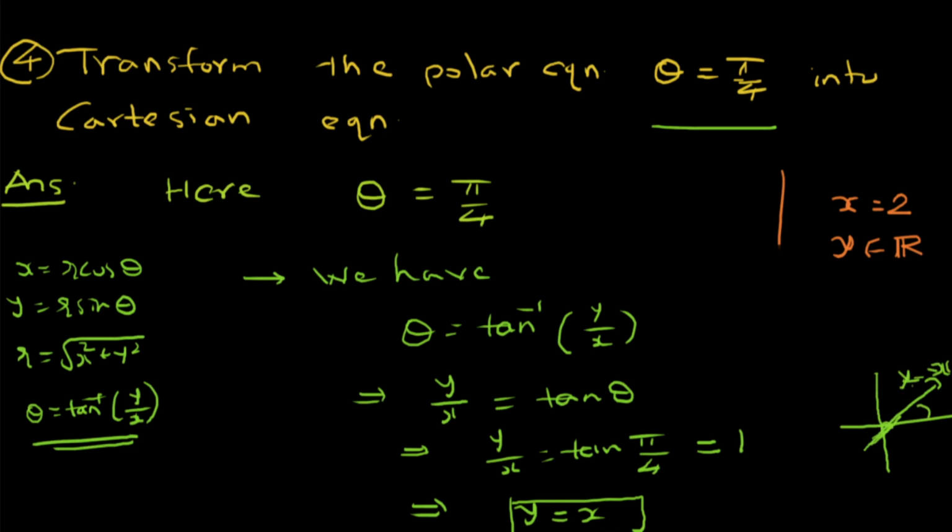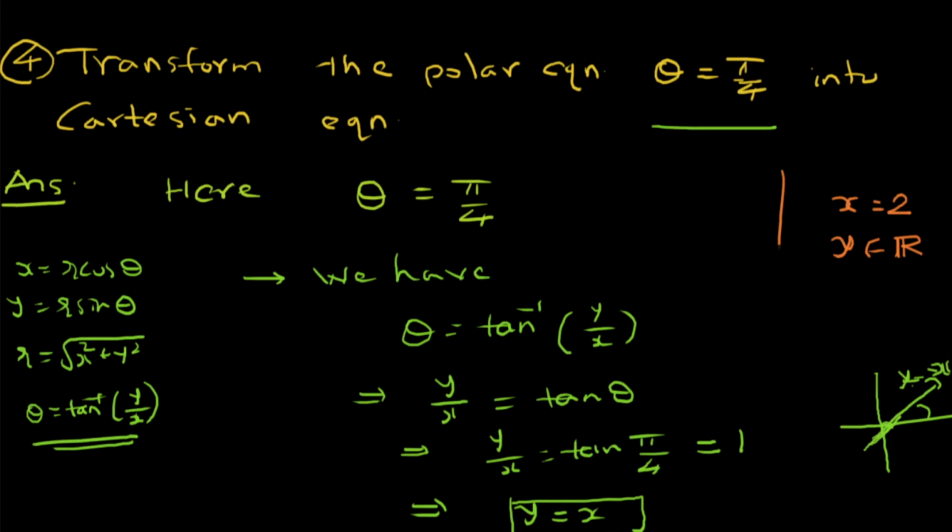Okay, so we have seen four types of examples: transforming a point given in Cartesian form into polar coordinates, then converting coordinates of a point in polar form to Cartesian, then an equation transformed from Cartesian to polar and vice versa. So there are four types of examples which can be asked for this polar coordinate system.